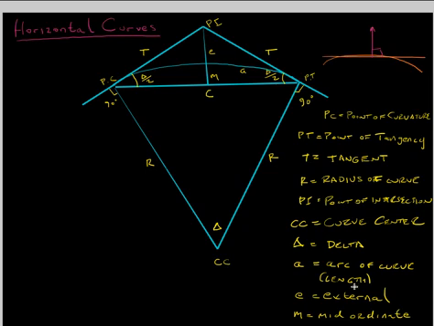And I'm doing my best to write lowercase here. It's tough for me. C, right? C is the straight line distance from your PC to your PT. That's the chord.